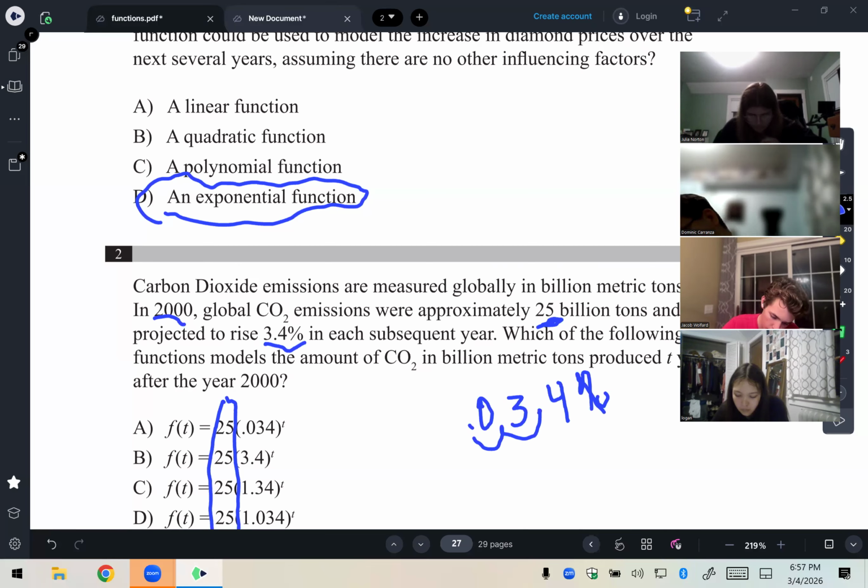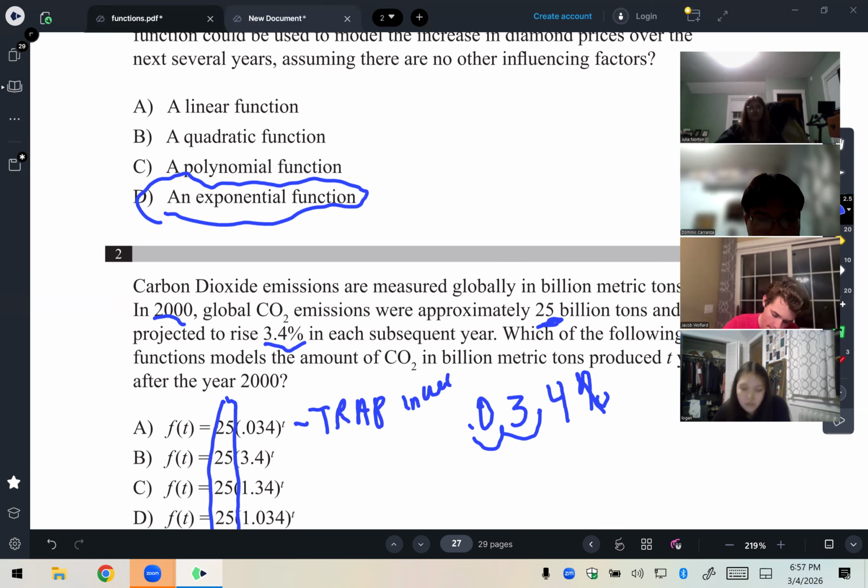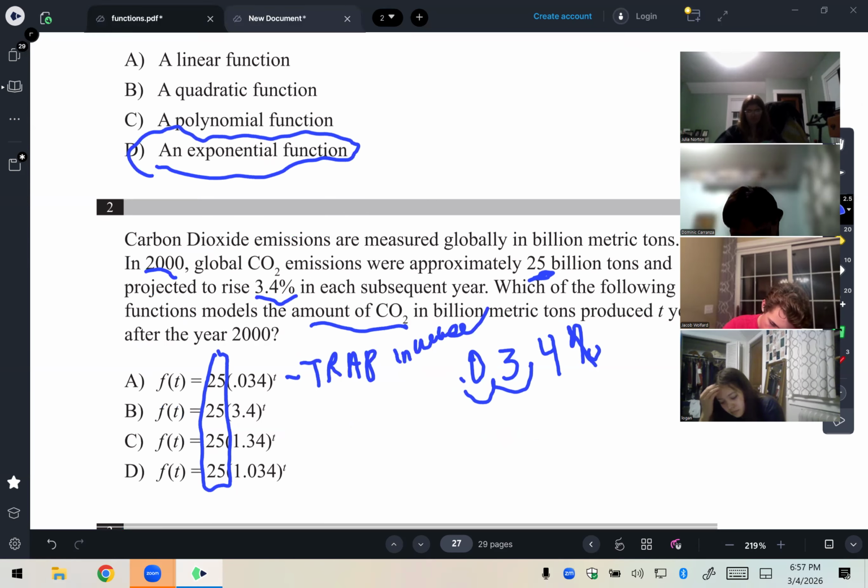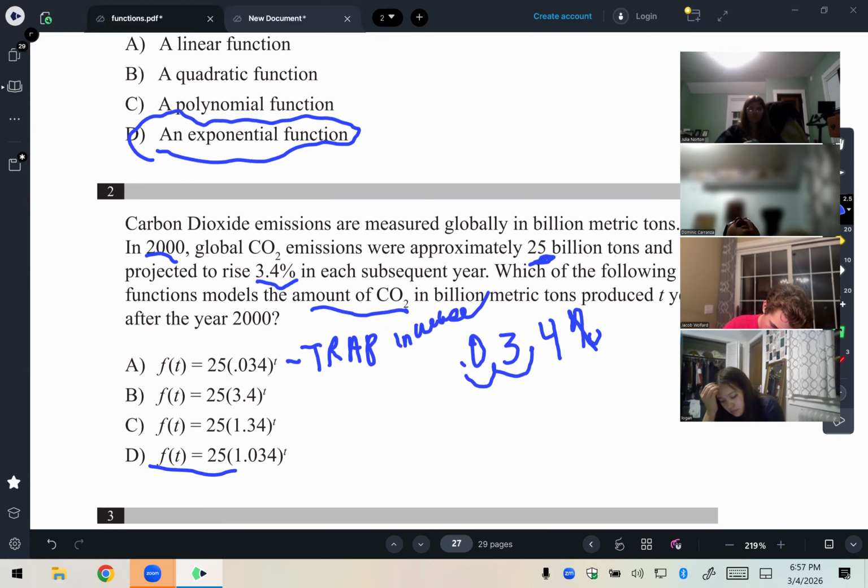But do you see, this is going to be a trap because this will only give us the increase. This is what I want everybody to see right now. This is only going to give us the increase. We want all the CO2 in the atmosphere. So does it make sense that we have to multiply this whole thing by 100%? So the answer for this one would be D.